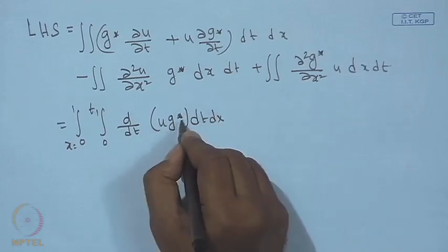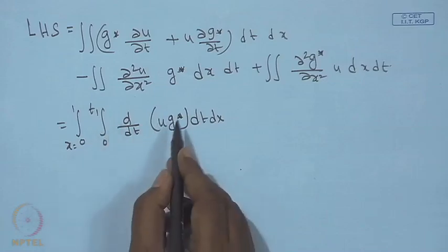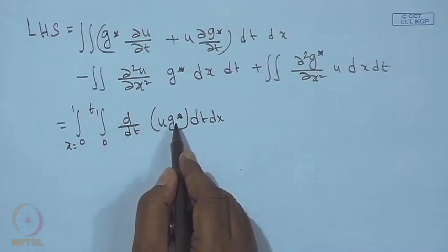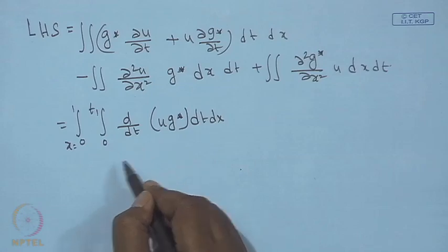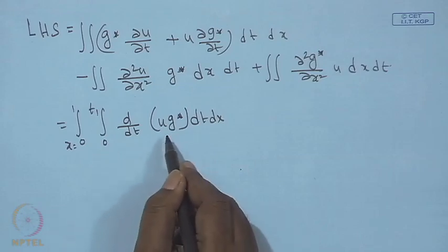because the limit over t is to simply confirm that g star is not equal to 0 for t less than t1, and for anything above t1 it will be equal to 0.